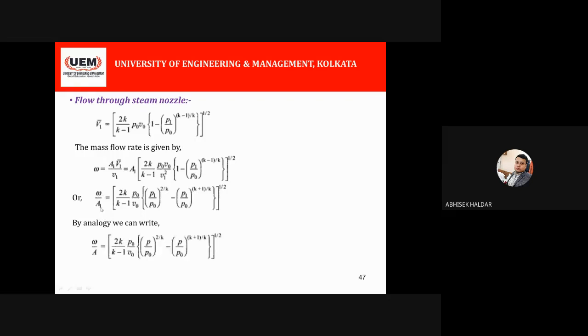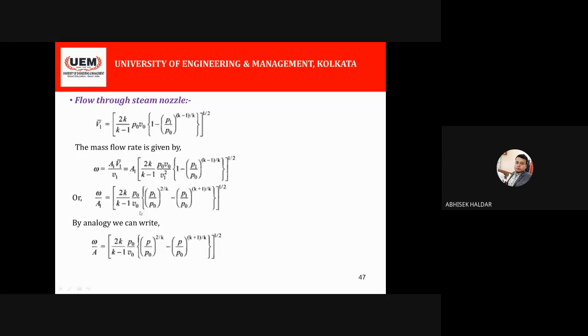Omega by A1, where A1 is the outlet area, obviously. If I want to calculate this mass flow rate per area at any section of the duct, obviously which thing will be changed in this equation on the right hand side? Whatever the suffix 1 you are having, that will be omitted only. P0 v0 will not change.